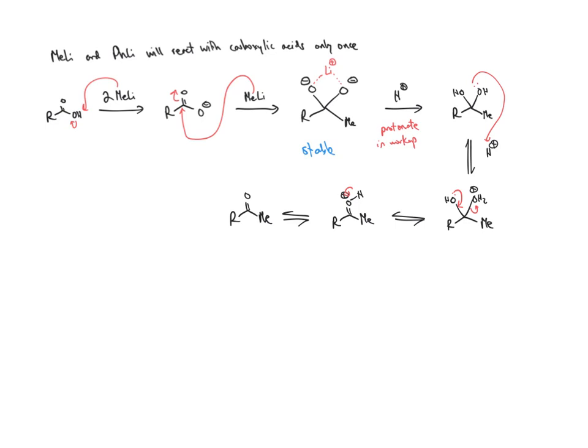Okay, so methyl lithium and phenyllithium will react with carboxylic acids only once because the tetrahedral intermediate that forms is stable. After workup, the intermediate will decompose to give you the ultimate product, the ketone, without any additional reaction because you've already consumed all of your methyl lithium and you've already protonated any excess methyl lithium that's around.